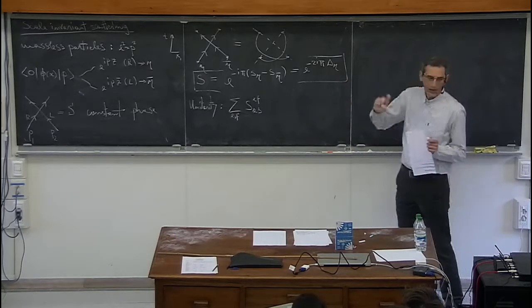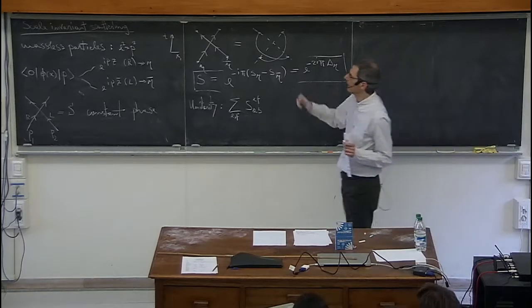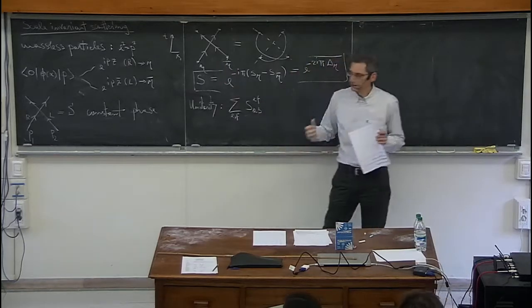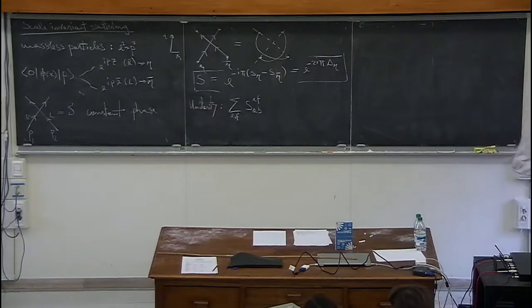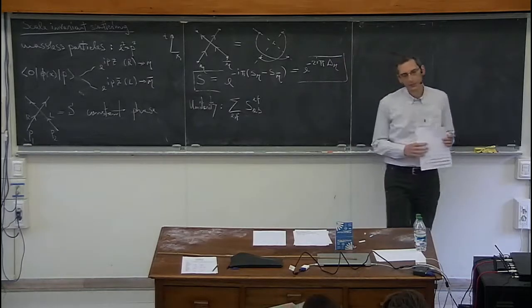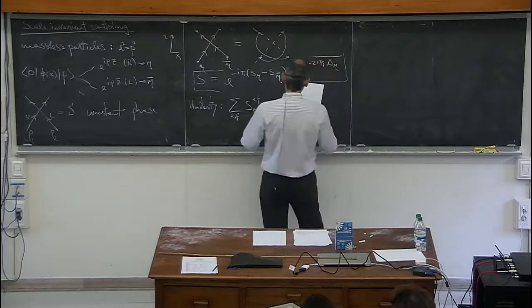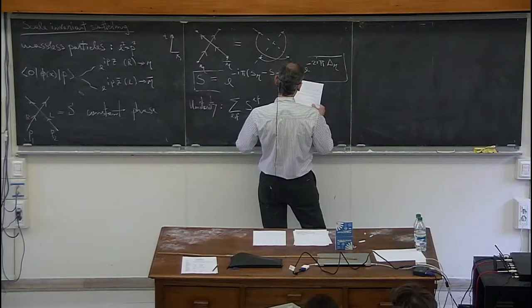Now, in the general case, I will have several species of particles. And then, in that case, I will have a unitarity equation which takes the more general form we saw yesterday, and which looks like this.